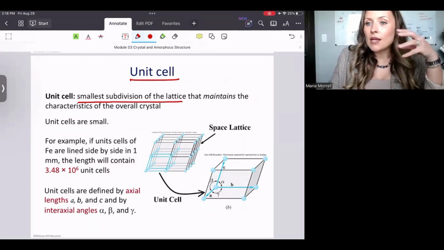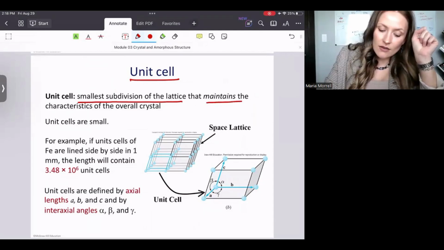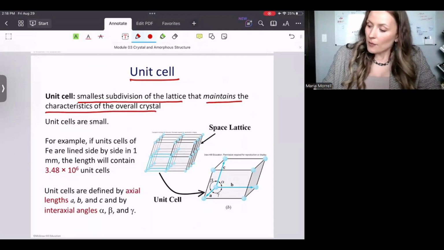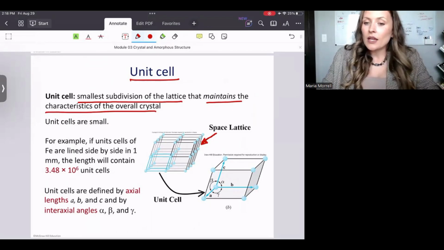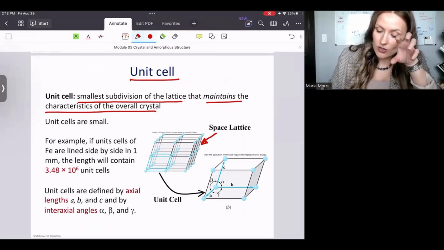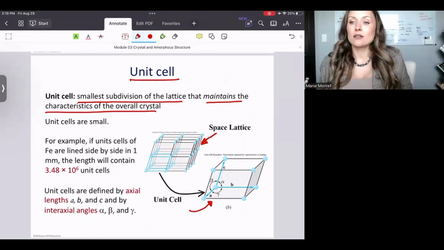And the main point here is that the unit cell maintains the characteristics of the overall crystal. And here's an example of such. So right in here, you're looking at the space lattice that was shown on the previous slide. And if we take the smallest subdivision that maintains the characteristics of the overall crystal, you will be looking right here, picture B, which is your unit cell.